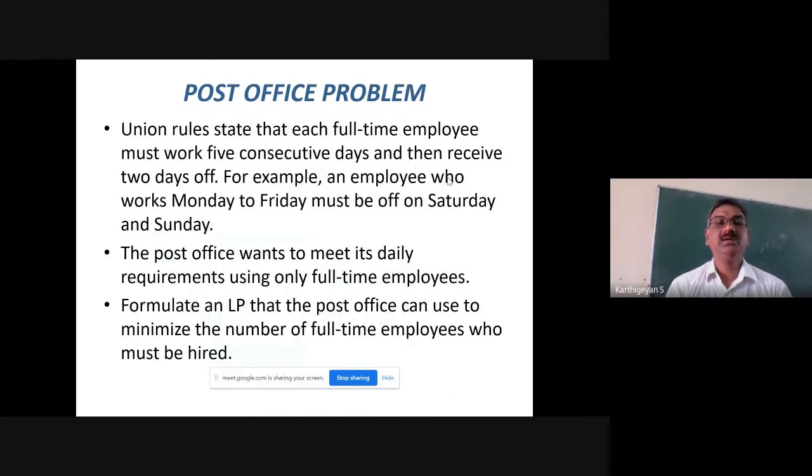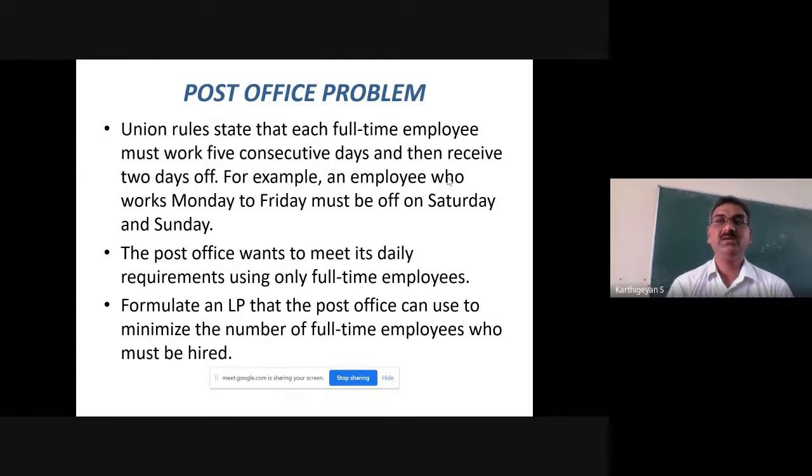Okay. So the further instruction given in the problem is that union rules state that each full-time employee must work 5 consecutive days. So if an employee starts working on Monday, he is going to work from Monday to Friday, then he may take 2 days leave at the weekend, that is Saturday and Sunday.